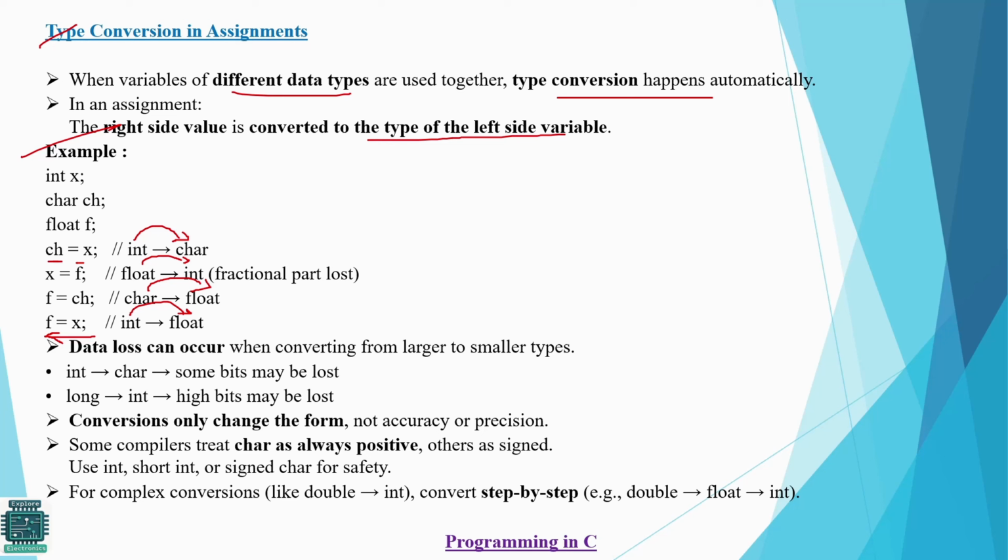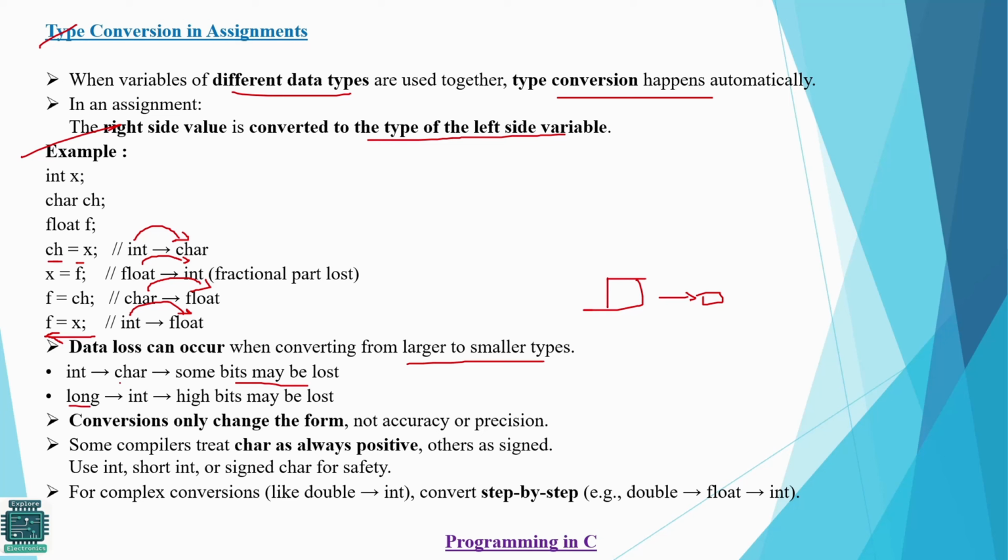Here data loss can occur when converting from a larger to a smaller type, meaning when the data is too large and you convert it into a smaller size, then data loss can occur. For example, int to char, some bits may be lost, because it is coming from higher to lower.